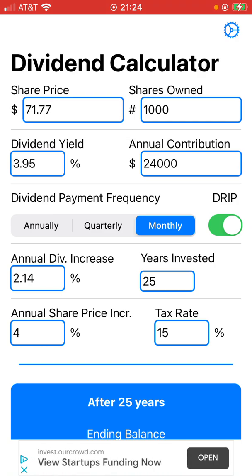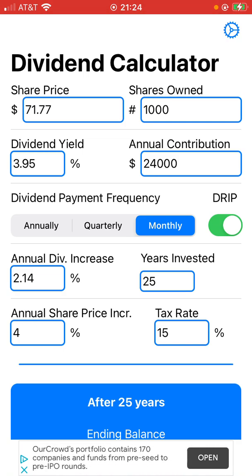So you have DRIPs and you have DSPPs, dividend stock purchase plans. Most companies, especially utilities, will come under one or the other, DSPP or DRIP. They pretty much do the same thing.